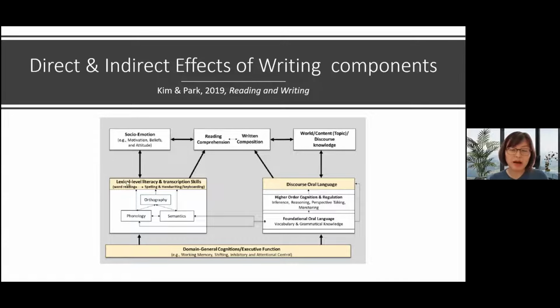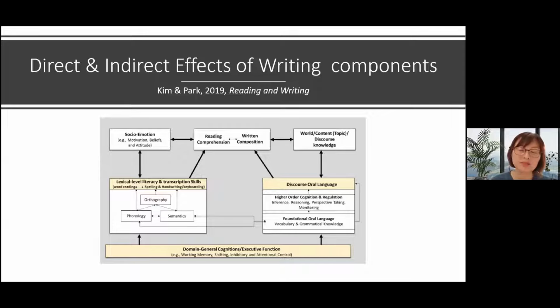Now, at the very bottom, we have domain general cognitions or executive function. You see two arrows, one pointing at the lexical level literacy, and the other one pointing at the discourse oral language that includes the foundational language and higher order. It's because we need this for everything, right?